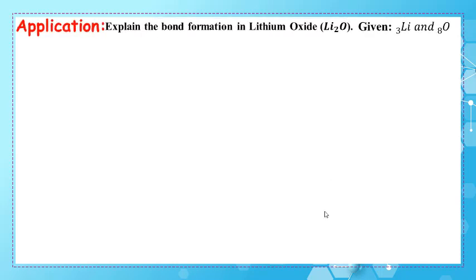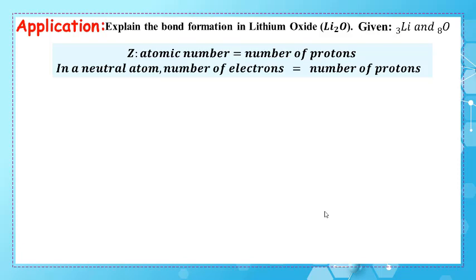Let's solve an application. We have to explain the bond formation in lithium oxide, Li2O, given that lithium has atomic number 3 and oxygen has atomic number 8. Z, which is the atomic number, is equal to the number of protons, and in a neutral atom, the number of electrons is equal to the number of protons.